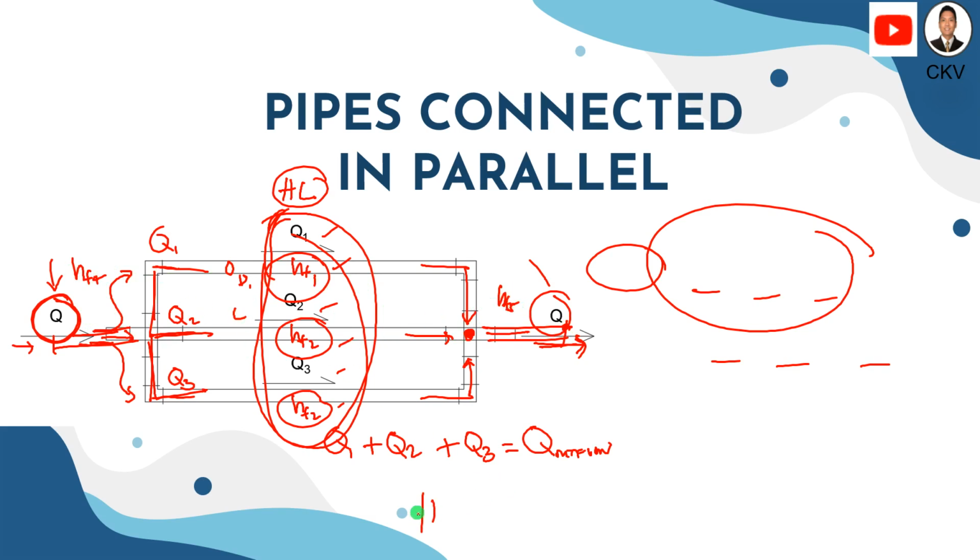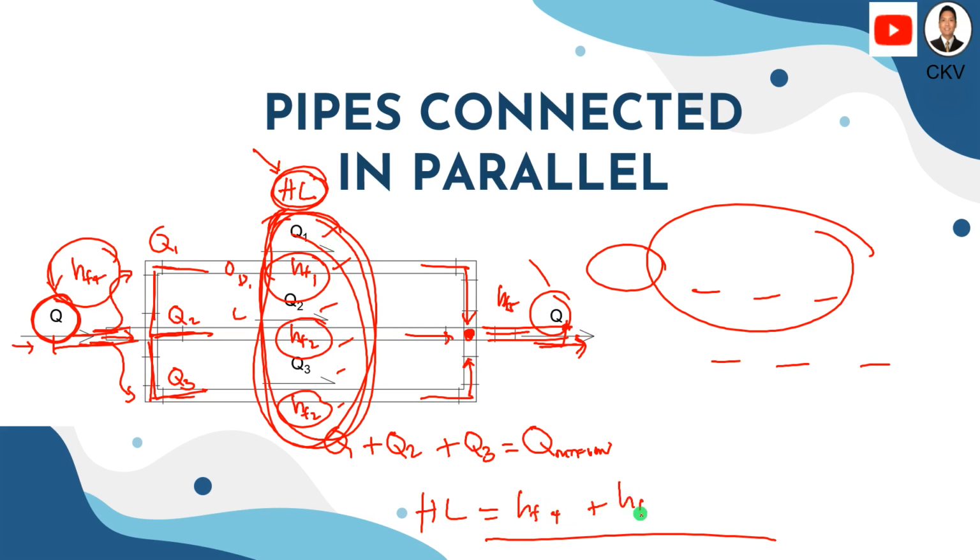So as a whole, if we are going to determine the total head loss, we will simply add the head loss at the inflow. Then how about the head loss here? Since they are all the same, we can just take one head loss, either the head loss at pipe 1, pipe 2, or pipe 3, and the head loss on the outflow pipe.